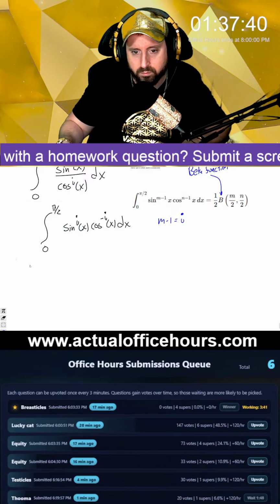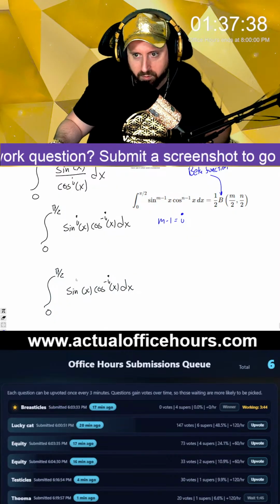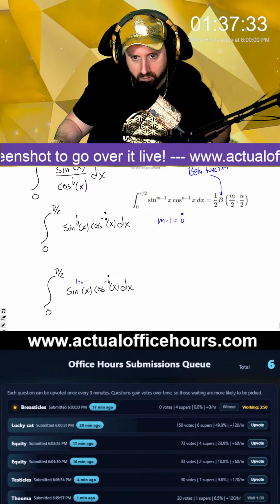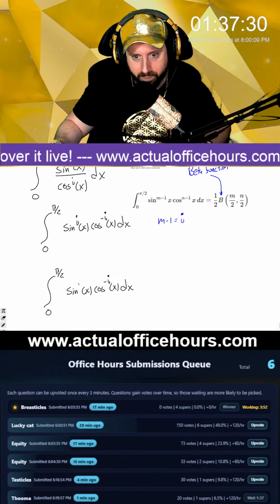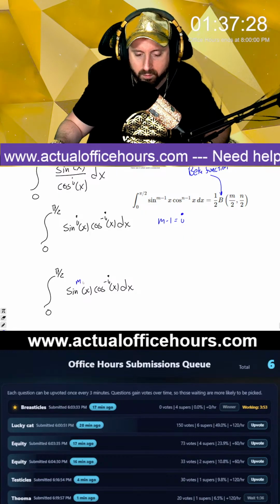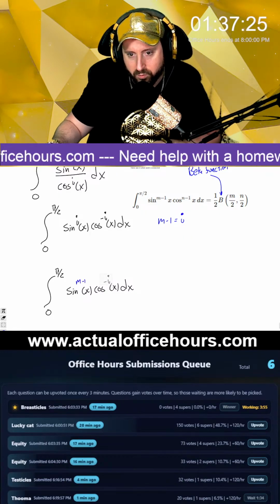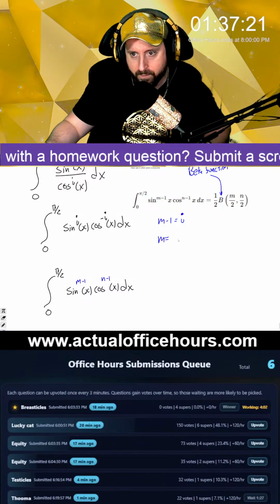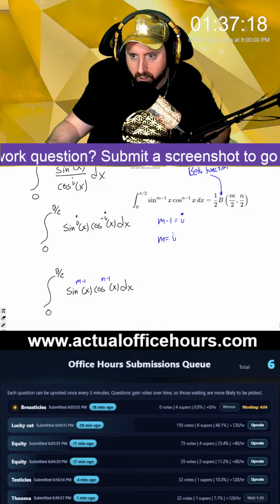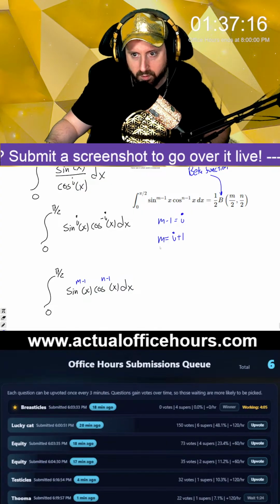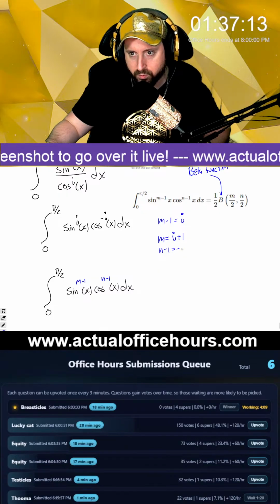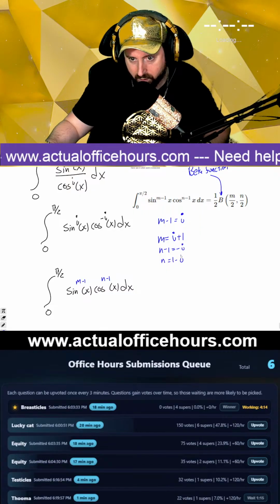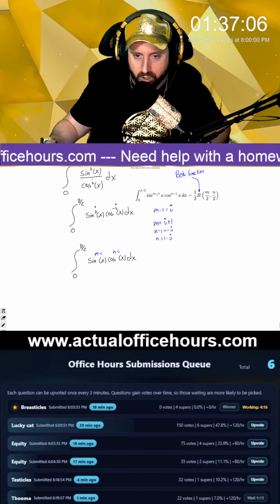Same thing as n minus 1, but here m is equal to i plus 1. And then if n minus 1 is equal to negative i, then n is equal to 1 minus i. Okay.